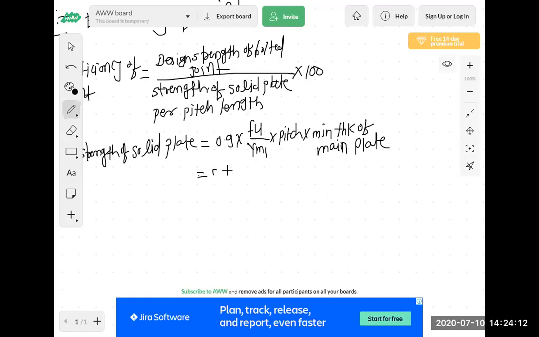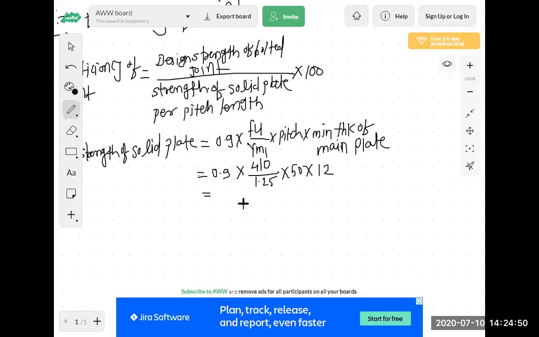So here 0.9 into Fu is 410 divided by gamma M1 is 1.25. Now we have calculated pitch. So pitch is 50 into, now minimum thickness of main plate. So we have provided two main plates having 12 mm thickness. So here minimum thickness of main plate is 12 mm.